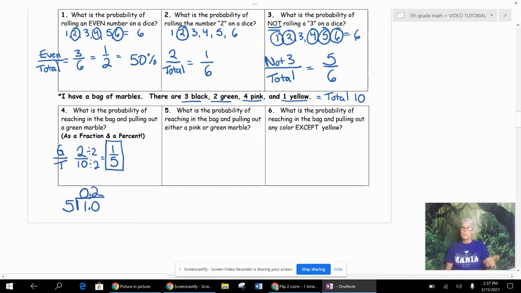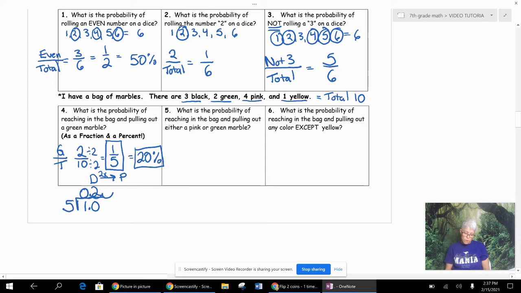Now remember, this is just a decimal. To do percent, I do Dr. Pepper. So I'm going to move that decimal 2 times. So my percent is 20%. Bam. Let's keep going. You got this.